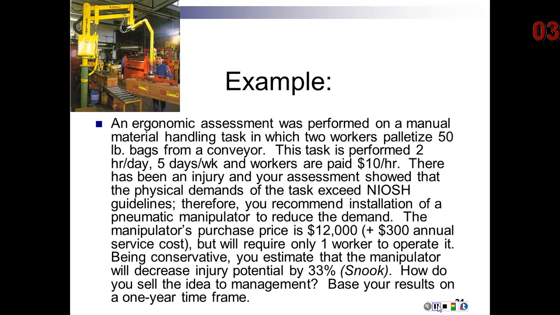And it comes down to, how do you convince your boss to buy a $12,000 pneumatic manipulator to prevent any future injuries? And so we're going to try to show that and base it on a 1-year time frame. We always want to try to recover our costs early, and so if we can recoup our costs in a year, wonderful. Sometimes we'll do a 3-year analysis.